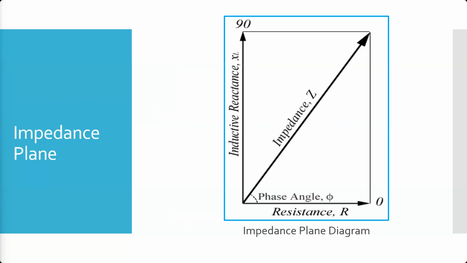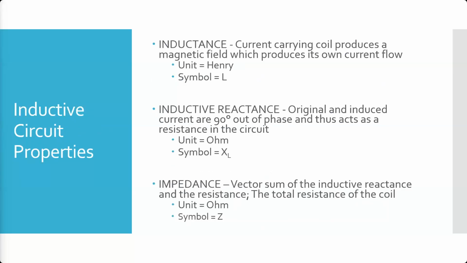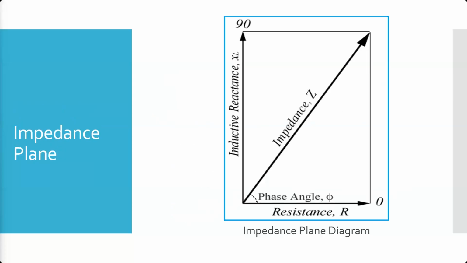So inductance can be thought of as resistance. It works like a resistor, but it's due to the magnetic field, okay? So this down here at the bottom is your inductance, essentially. You have your inductive reactance.